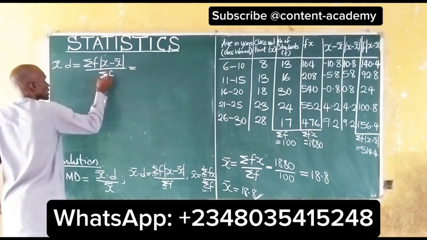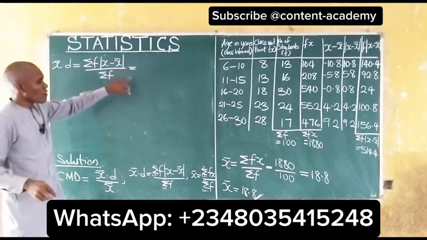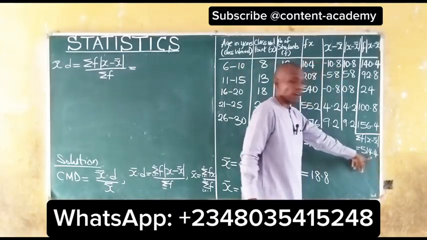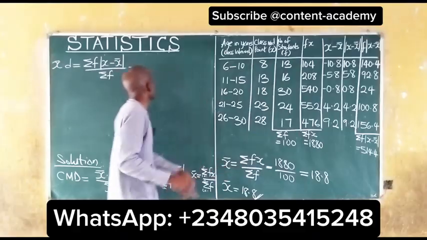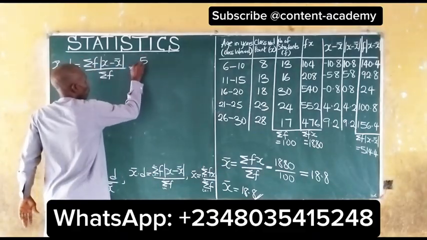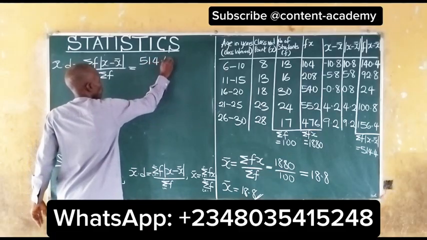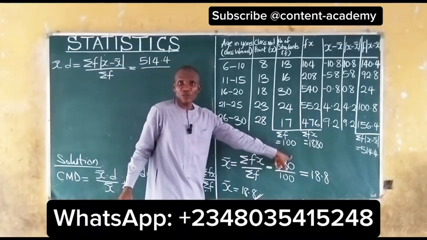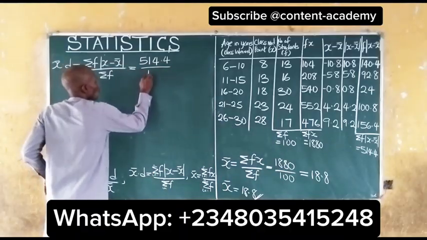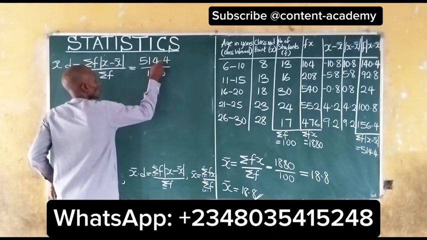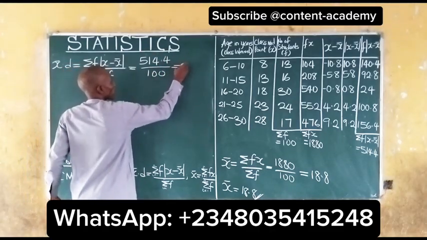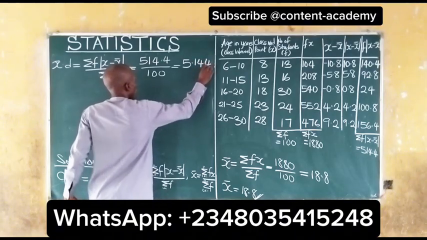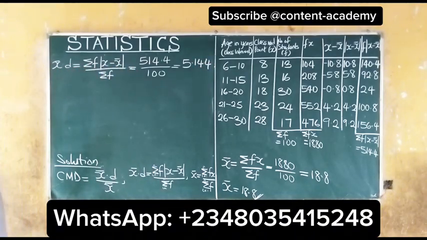Now, what do we have as our summation of f of x minus x bar? We have it as 514.4, divided by summation of f. We have summation of f to be 100. So our answer will be 5.144.